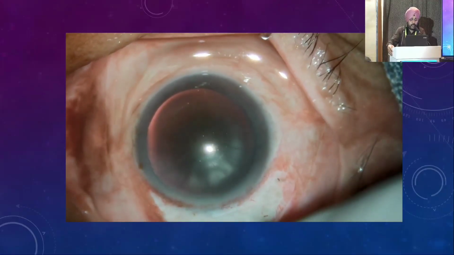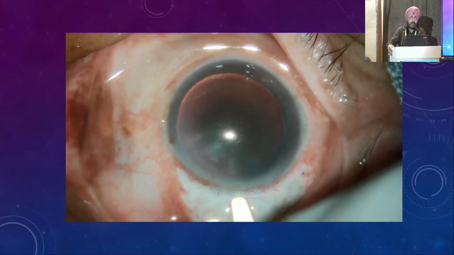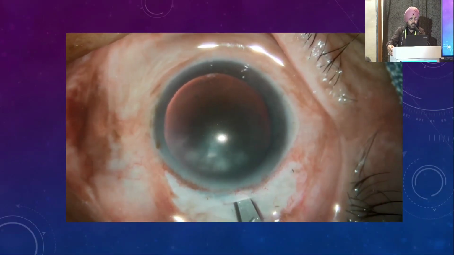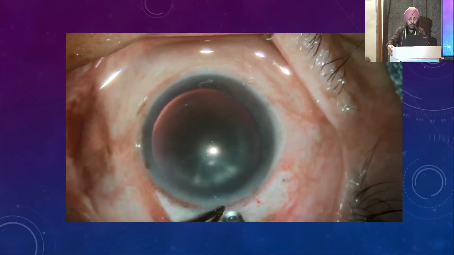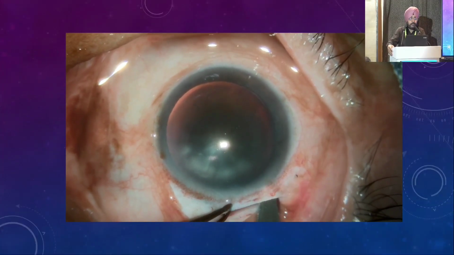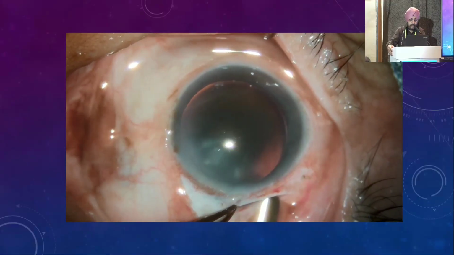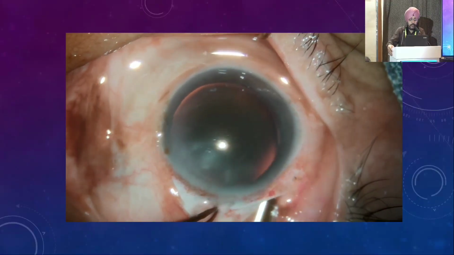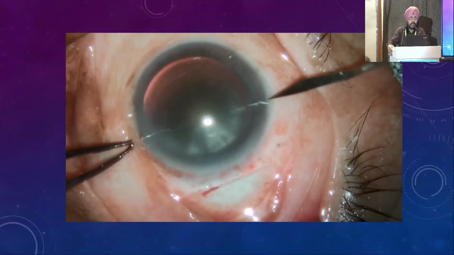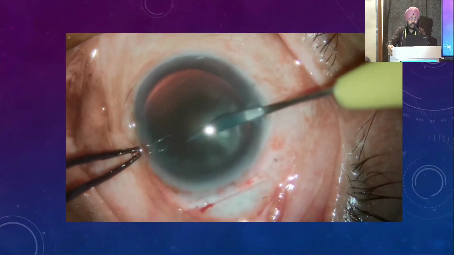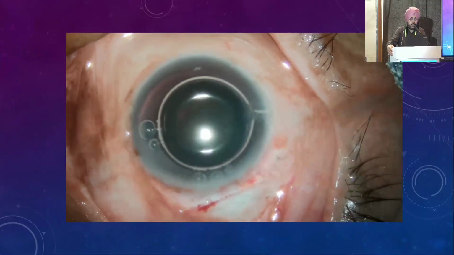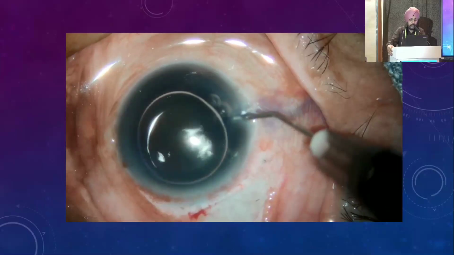In these types of cases, I prefer to make a little bit larger outer incision, approximately 6.5 mm or sometimes even 7 mm, and my placement of the incision is approximately 1.5 or even 2 mm behind the limbus. That gives you good control of the incision as well as astigmatism in most of the cases.